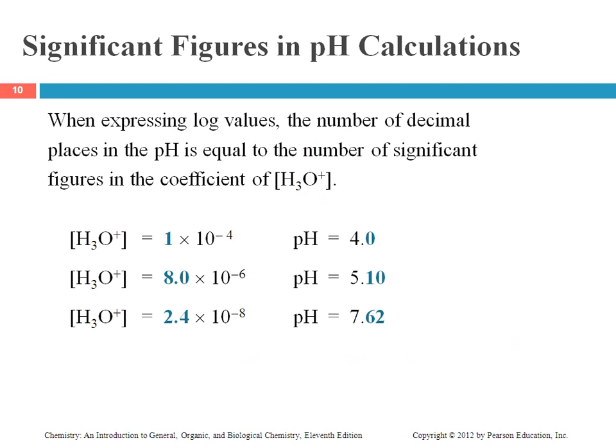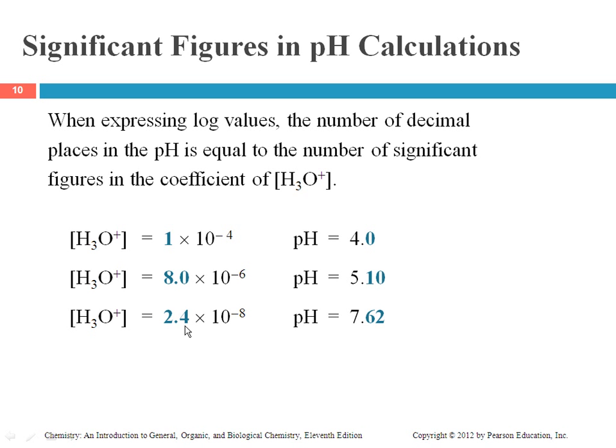If we had another solution that had a hydronium concentration of 8.0 times 10 to the negative 6, and we plug that into our calculators, let me know if you're not getting the same answers here. We start out with 2 significant digits as 8.0, and so we're going to have 2 decimal places, and so we should get 5.10.